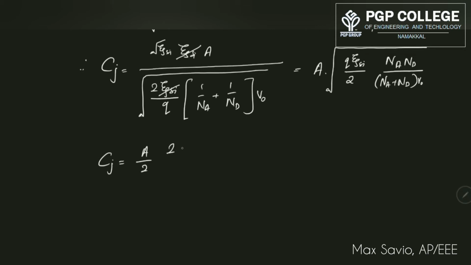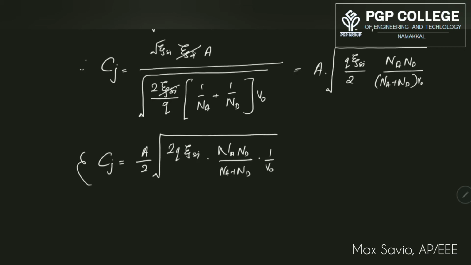So you have the root of 2q epsilon Si into Na Nd divided by Na plus Nd into 1 by V naught. So this is the actual expression. We can say that the equilibrium capacitance of the PN junction diode can be given by this expression, and based on it the transition capacitance and also the diffusion capacitance can be derived.